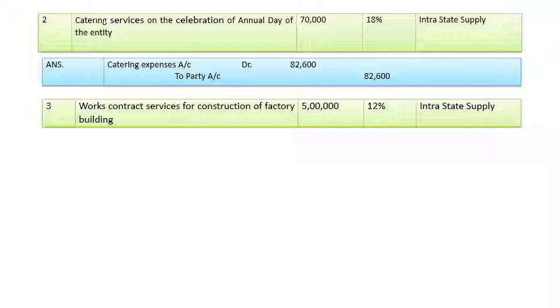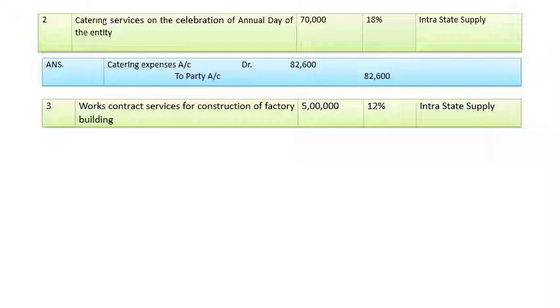Now whether ITC is allowed or not. For works contract, remember, any works contract given for construction of factory building, admin building, for construction of tower, for construction of pipeline outside the factory, for all these situations, whatever works contract given by a businessman to a contractor, all these are blocked under section 17 subsection 5, except one.